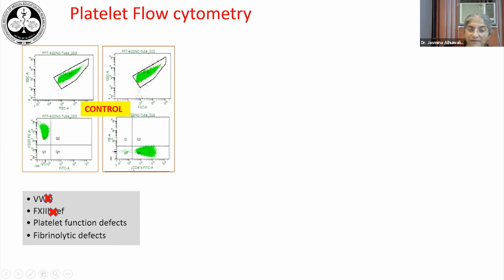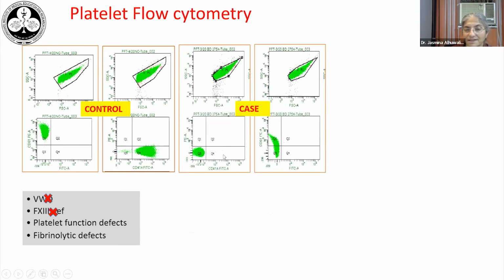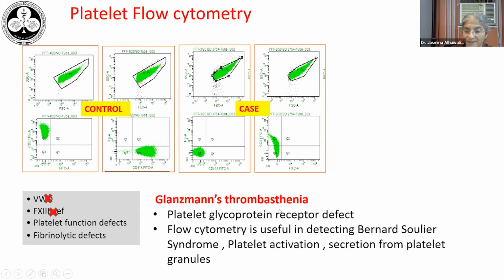We can label 2B with CD41 and 3A with CD61. In a normal person's platelets, they are nicely positive for both CD61 and CD41. Whereas in our patient, we can see that CD41 is absent and CD61 is partially absent. So this is an abnormal pattern which confirms Glanzmann's thrombasthenia. And as I said already, it's a platelet glycoprotein receptor defect.